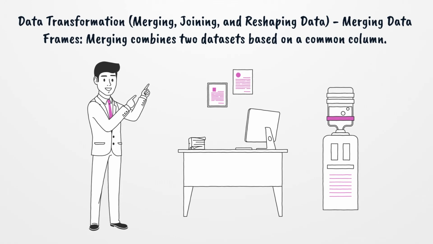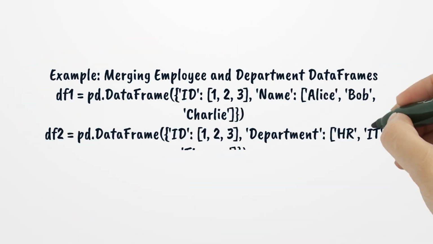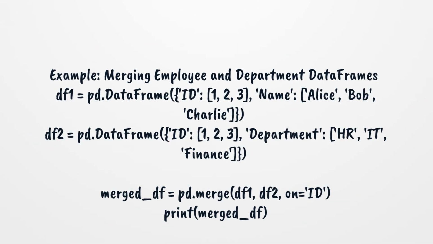Data transformation: merging, joining, and reshaping data. Merging data frames. Merging combines two datasets based on a common column. Example, merging employee and department data frames: df1 = pd.DataFrame with ID 1, 2, 3 and name Alice, Bob, Charlie. df2 = pd.DataFrame with ID 1, 2, 3 and department HR, IT, Finance. merged_df = pd.merge(df1, df2, on='ID'), print(merged_df).